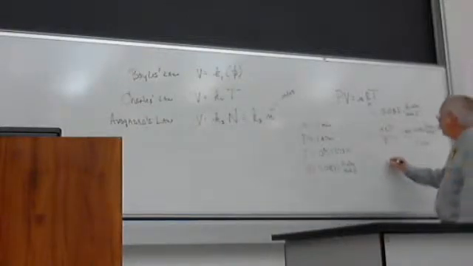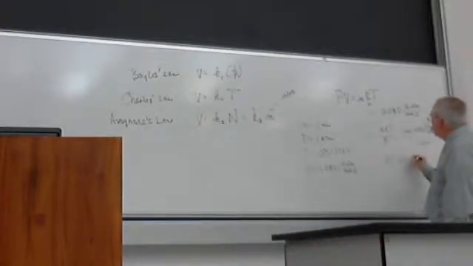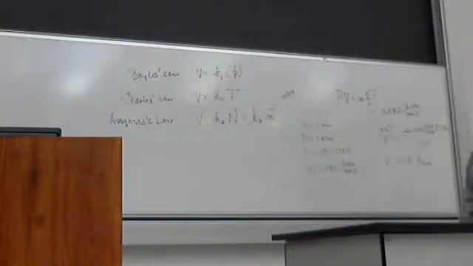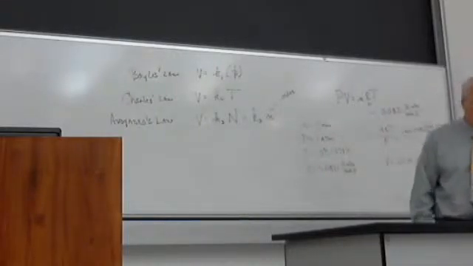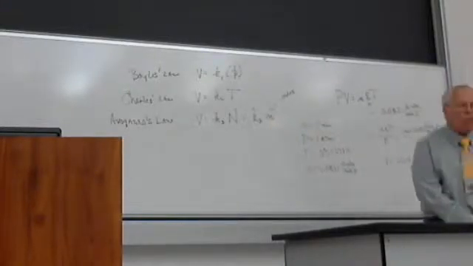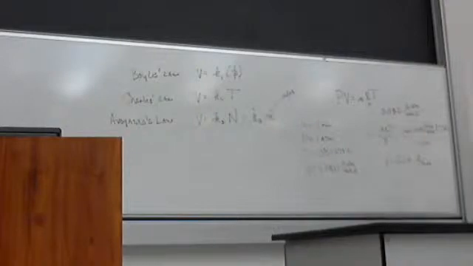And that volume turns out to be 22.4 liters. And essentially it's a per mole, because we did it for 1 mole of the substance. So 22.4 is called the molar volume. It's the volume that 1 mole of a gas would occupy at STP.